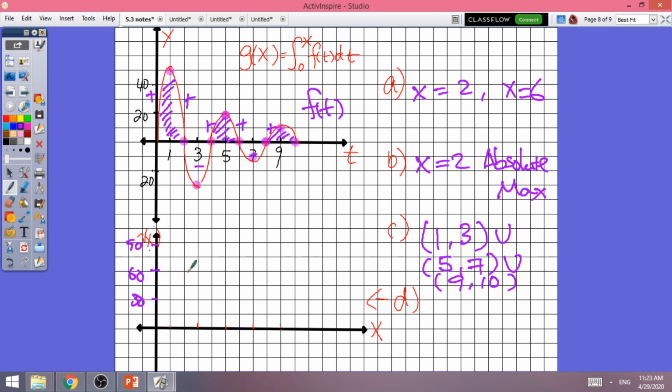So 72, most likely, it's about over here. So this one's negative 38. So that's going to be down here somewhere.